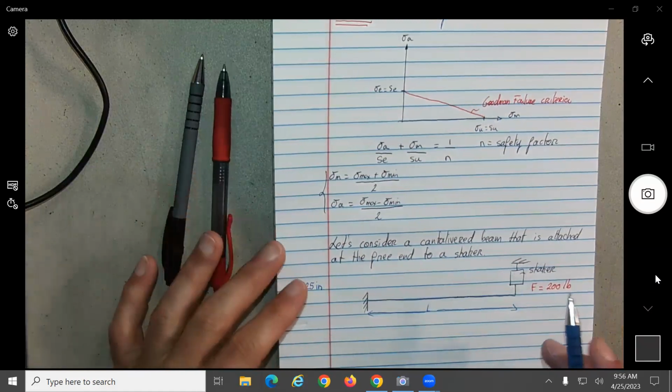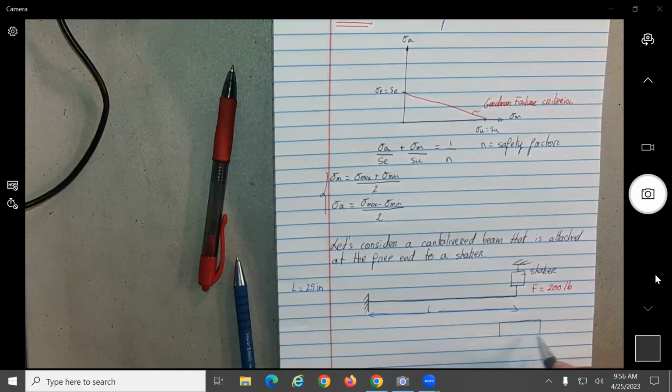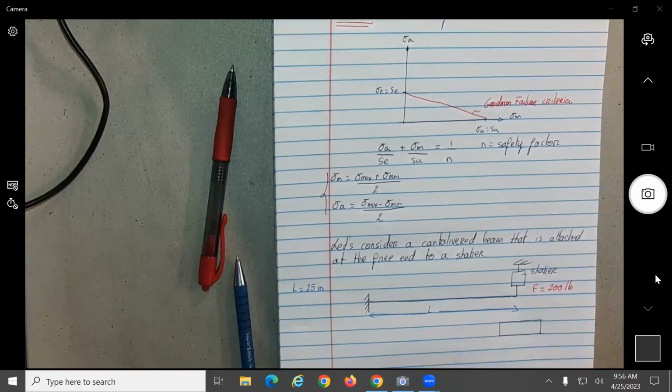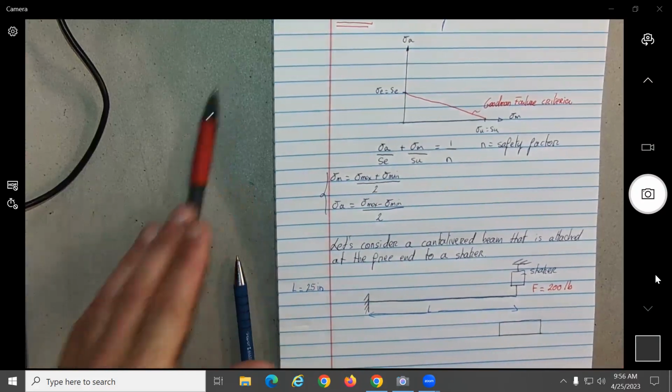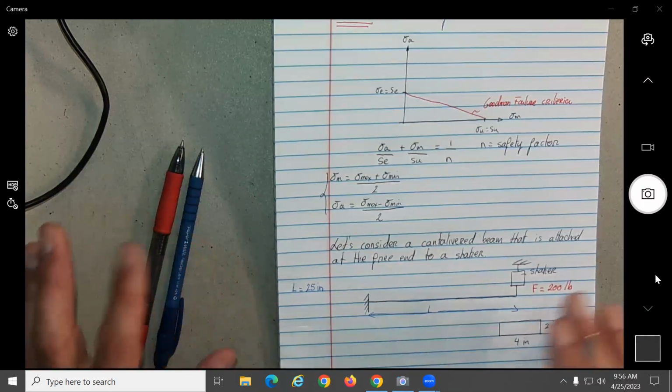Now, we don't need the material, but we need to look at the cross section. We're just thinking about the cross section of the beam. Let's say, can we make it rectangular? Since I started, it didn't matter. So what dimensions do you want for the beam? Okay, so I put 2, and then what about this one? Let's say 4 by 2 is okay.